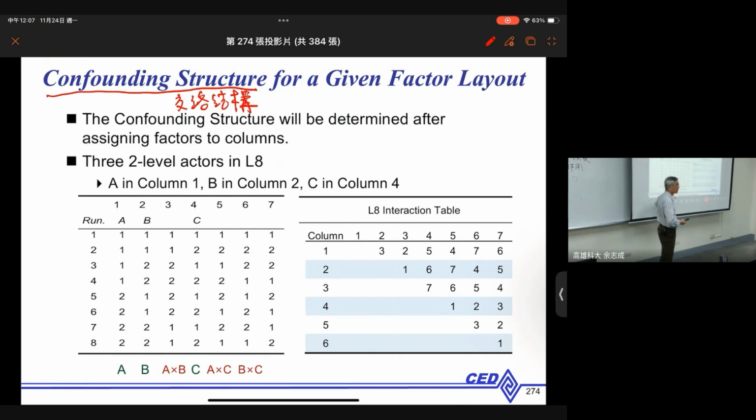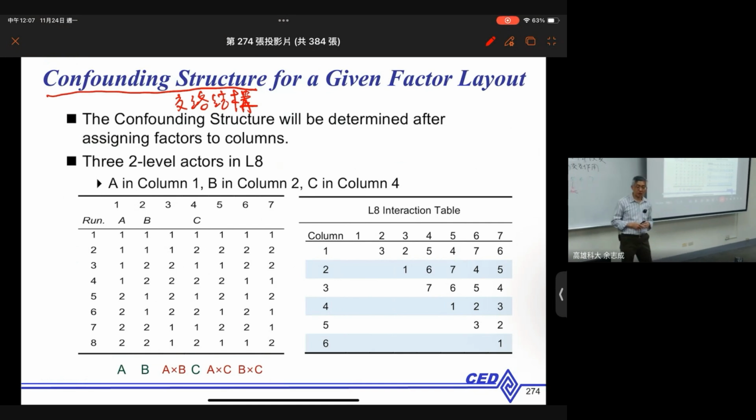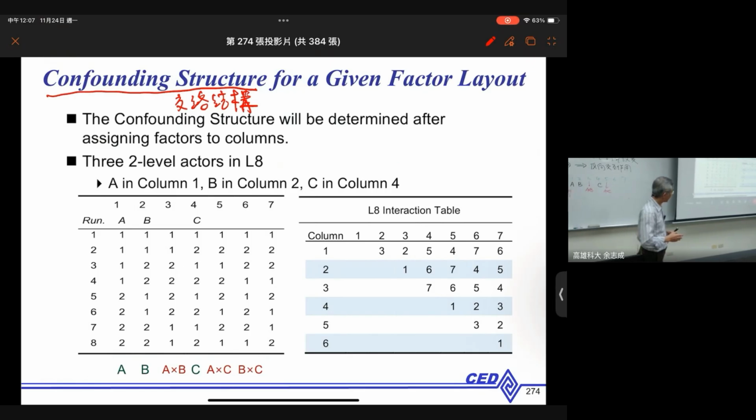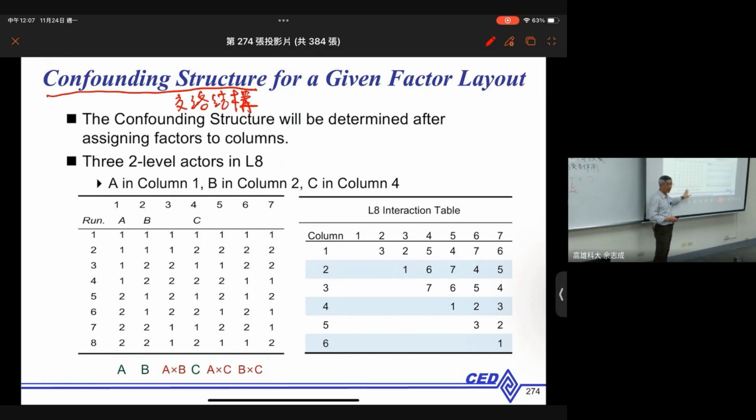You can estimate both. However, if the main effects are confounded with one of the interaction effects, then you cannot separate these two, which means that you cannot estimate main effects or interaction effects correctly.